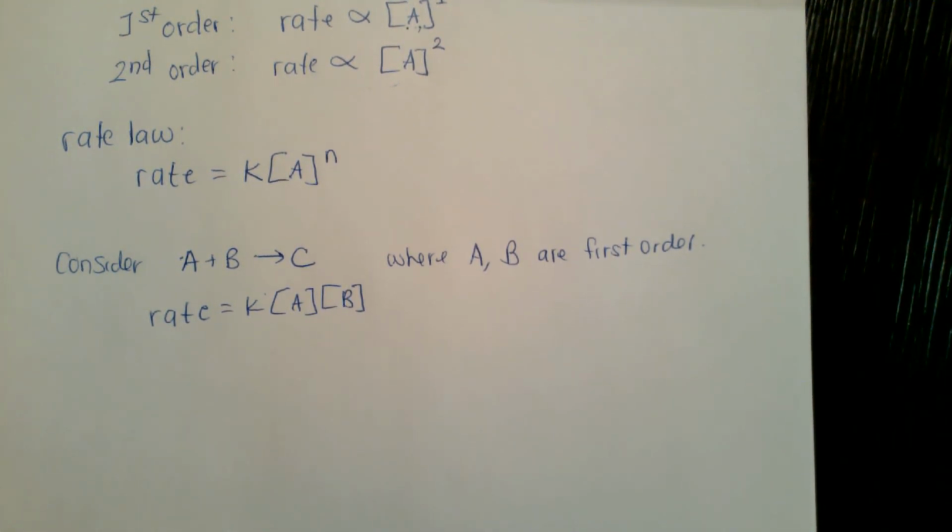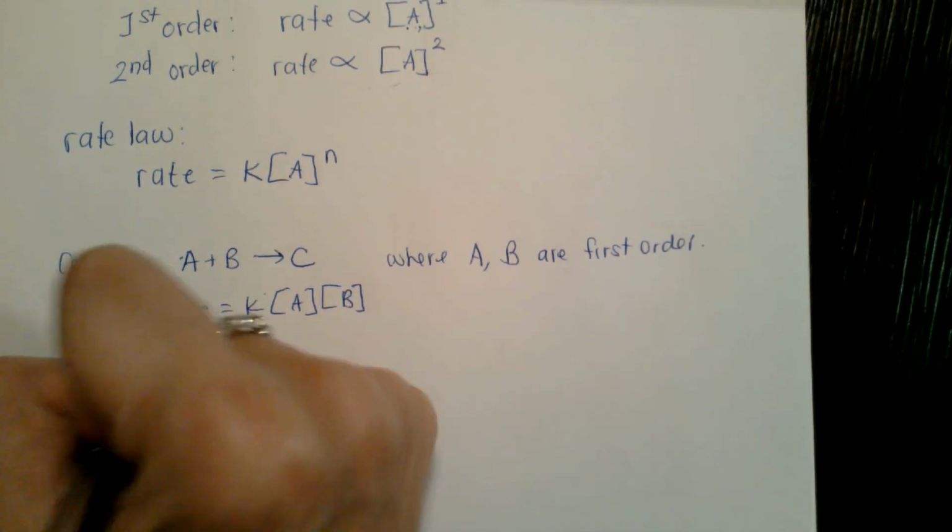So the way the rate law works is if we know the constant and we know initial concentrations of A and B, we can calculate what the rate would be, or again, how A and B are disappearing over time or how C is forming over time.